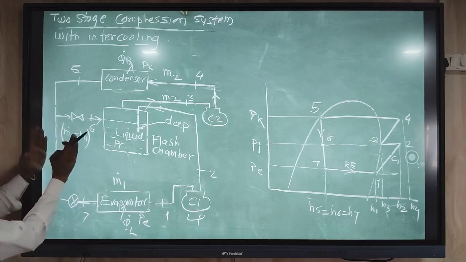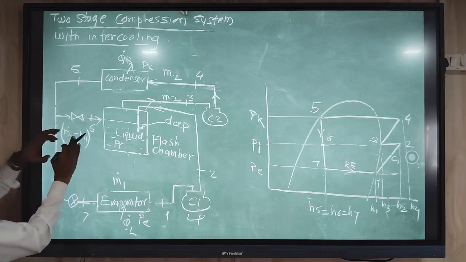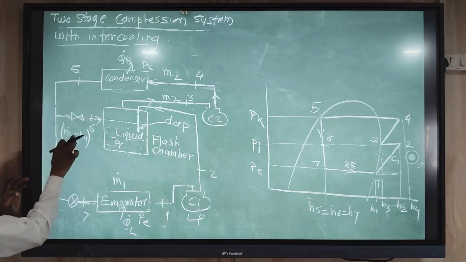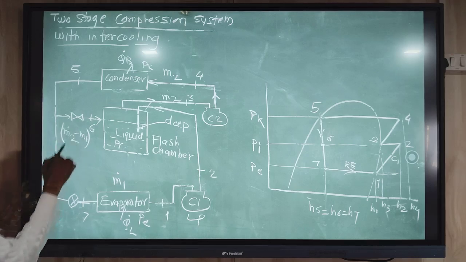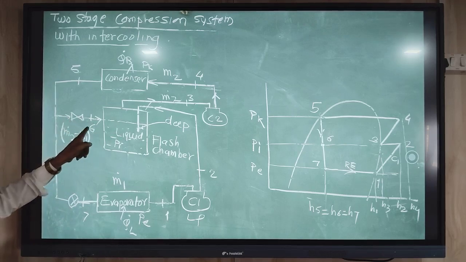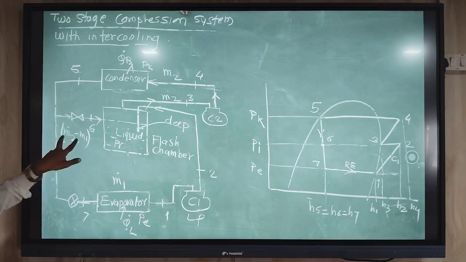This refrigerant content goes to the flash tank, so the product of this difference, M2 dot minus M1 dot, is multiplied by the corresponding enthalpy. Point number 6 is the entering point to the flash chamber, so it will be H6 multiplied by this difference.